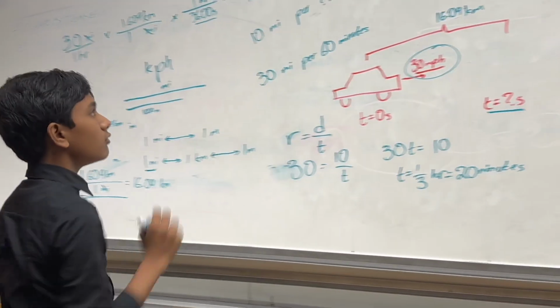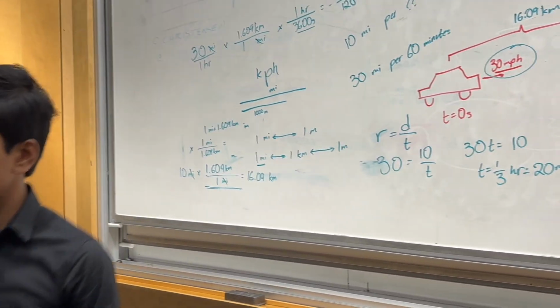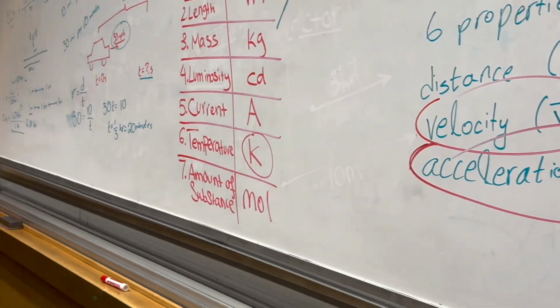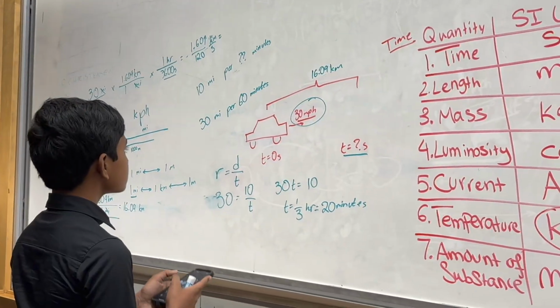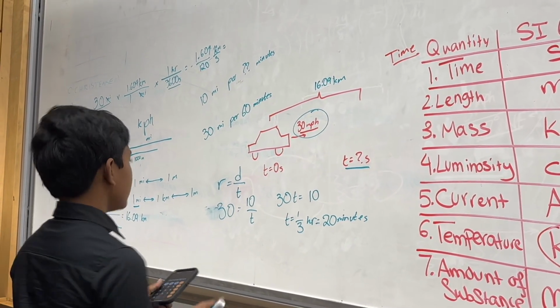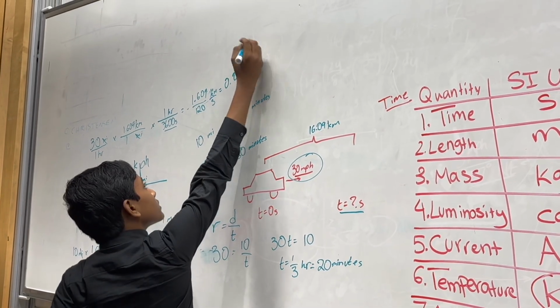And so now this is just going to be equal to, I'm going to need a calculator for this. 1.609 divided by 120 is just 0.0134 kilometers per second.